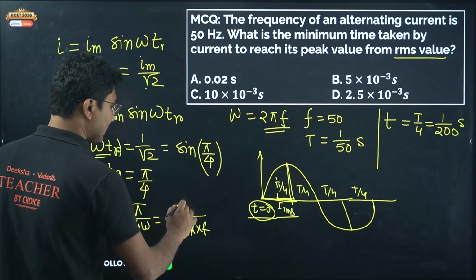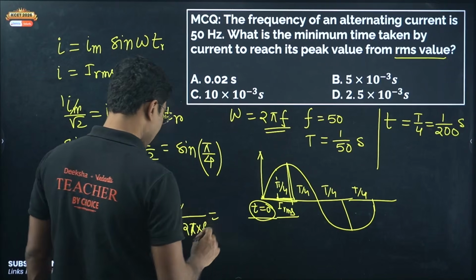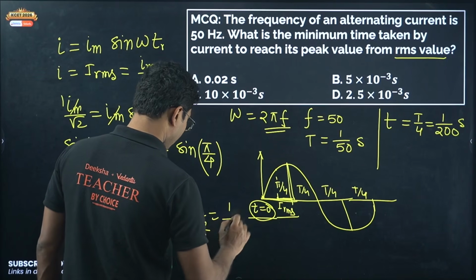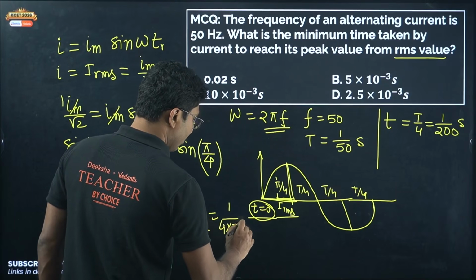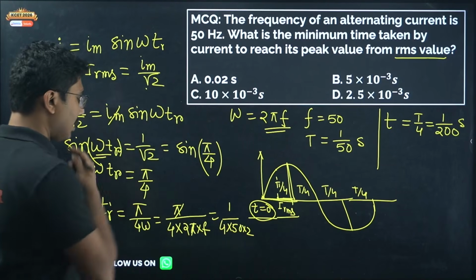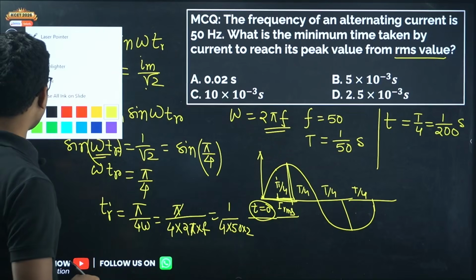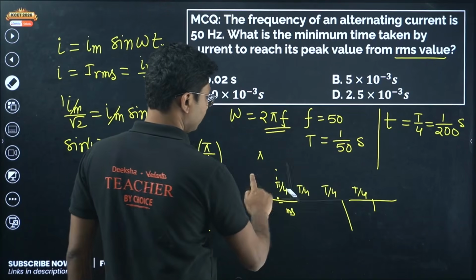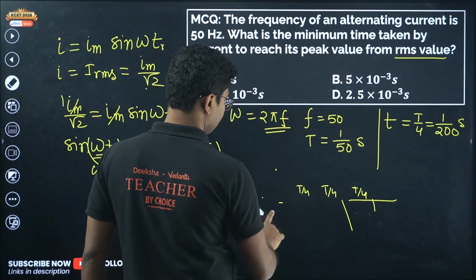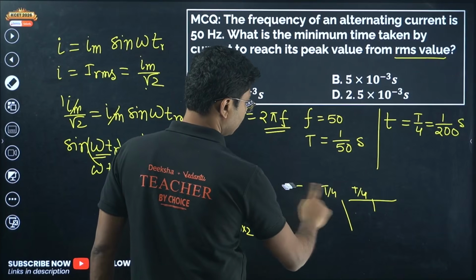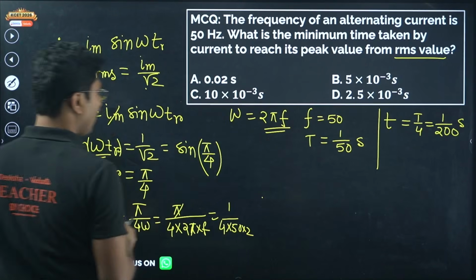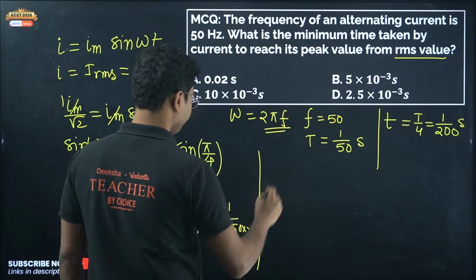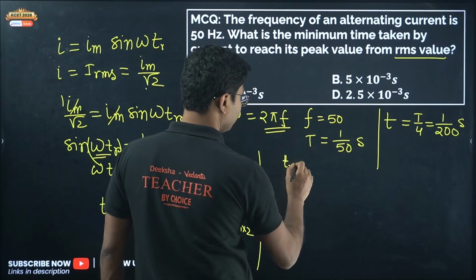Pi cancels, and we get this time as 1/(4 into 50 into 2), that is 1/400.